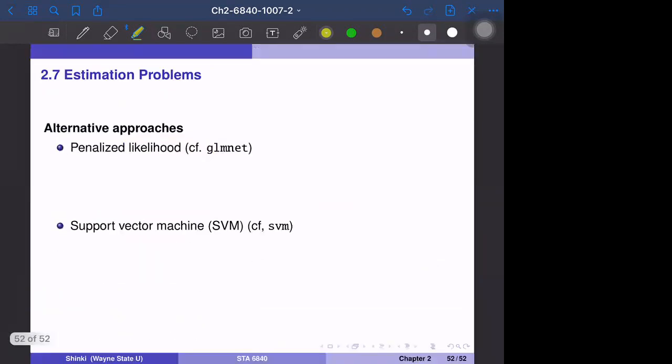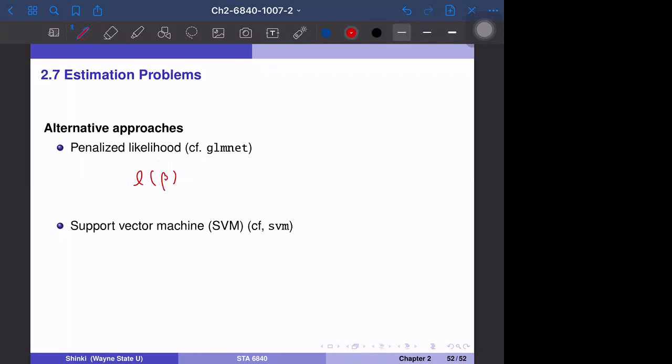And there are some alternative methods. Another remedy for this linearly separable problem is changing the likelihood function. We maximize the likelihood function L of beta to get the maximum likelihood estimator.